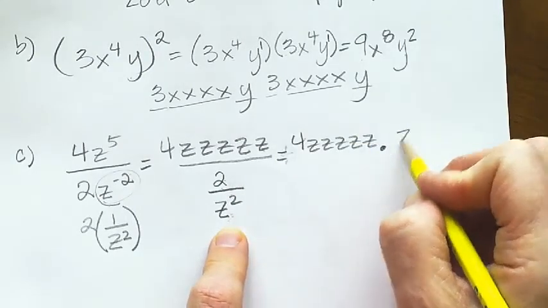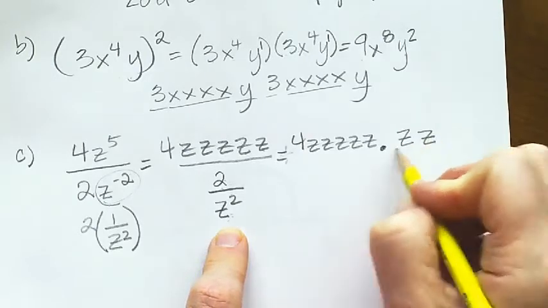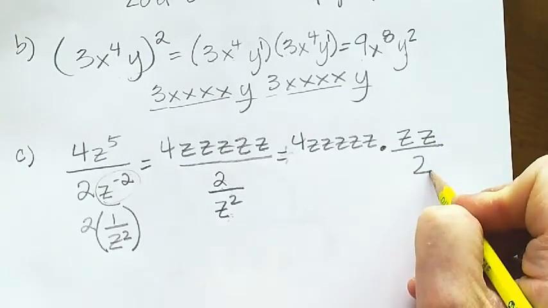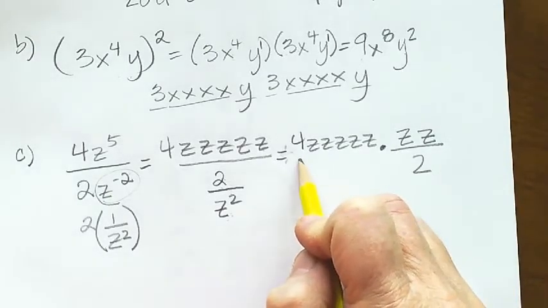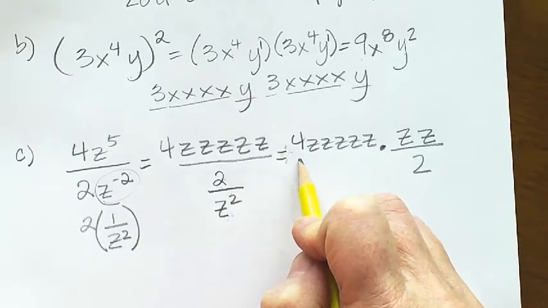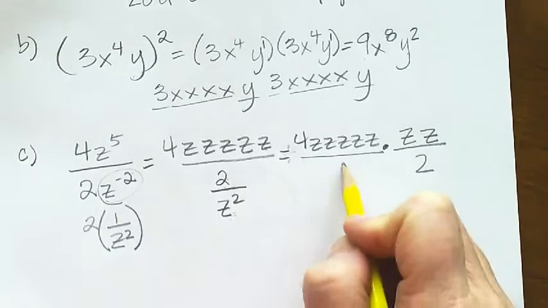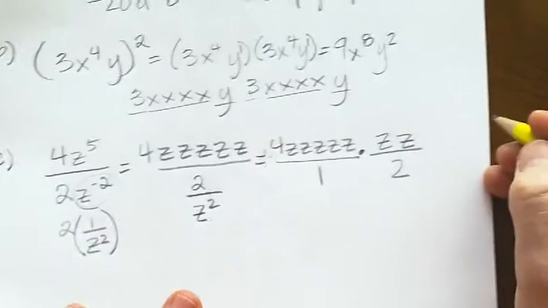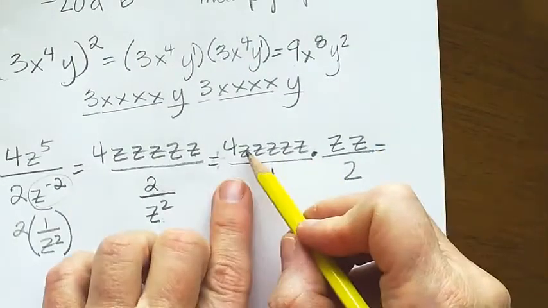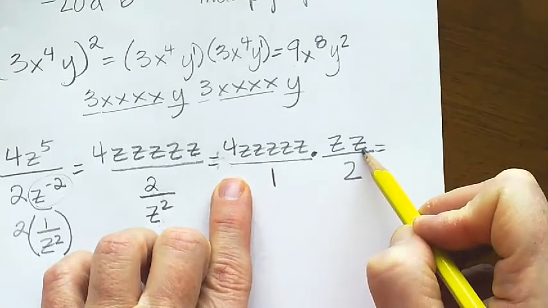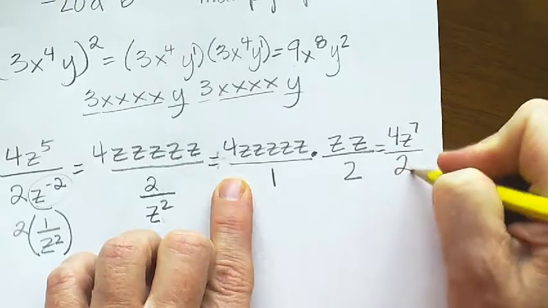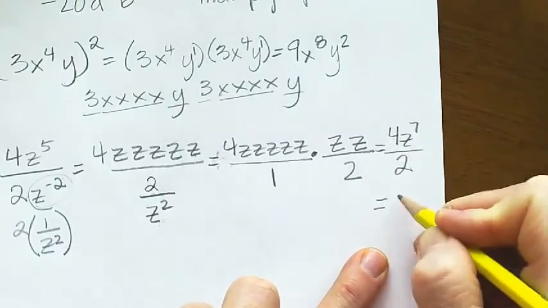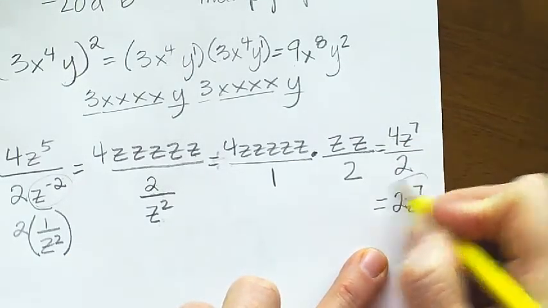So times z to the 2nd over 2, sorry, I was going to put a 1 under here. That's going to give me 4z to the 7th, because I've got 7 z's, over 2, and then I can do 4 divided by 2, which is 2, so 2z to the 7th is the answer.